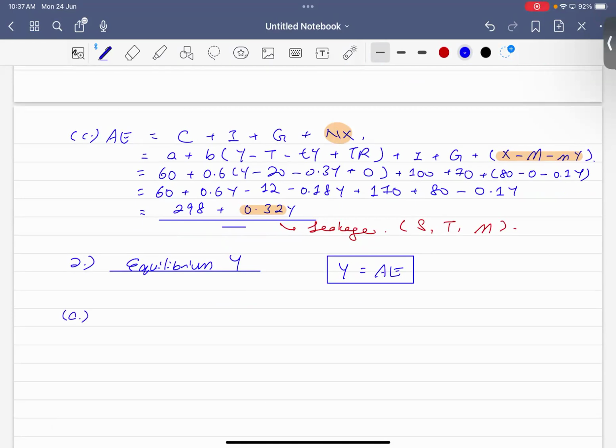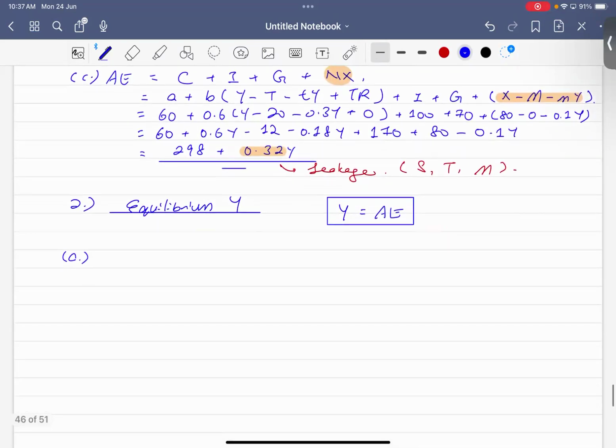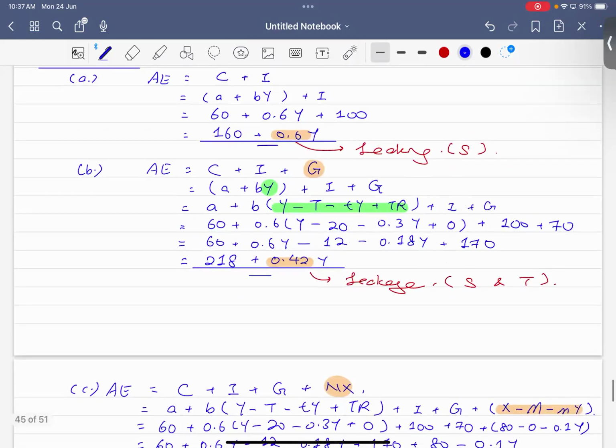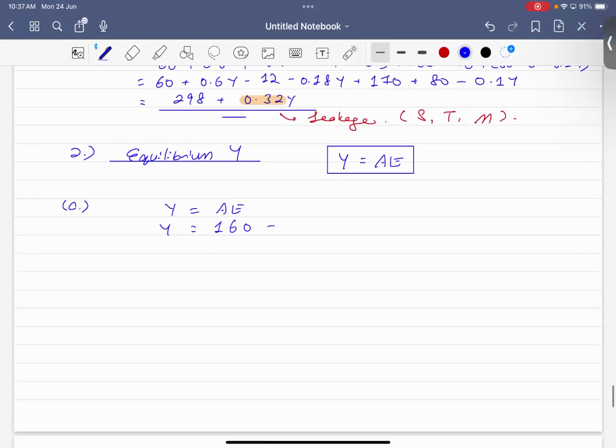Okay. Question A. We do Y equals AE. Y equals to how much? 160 plus 0.6Y. So you move around and you get the answers.